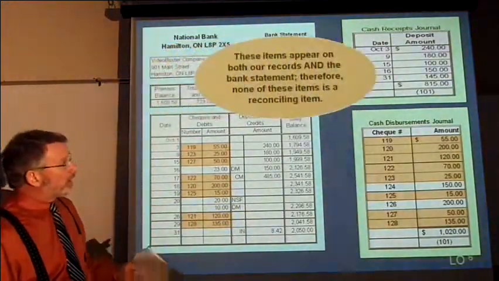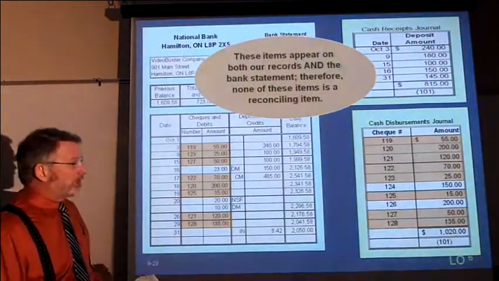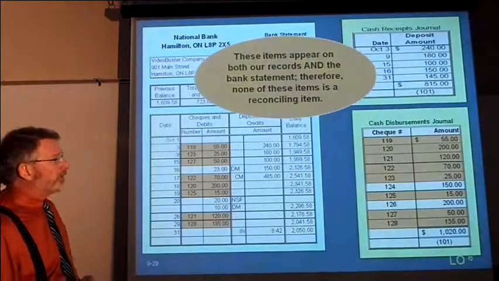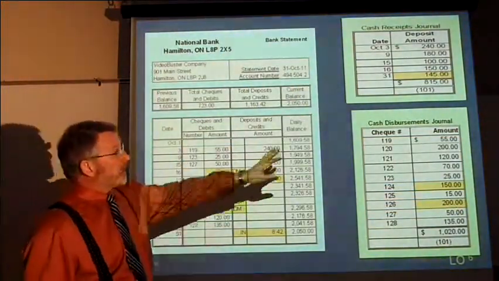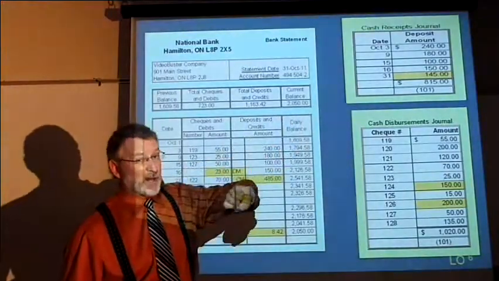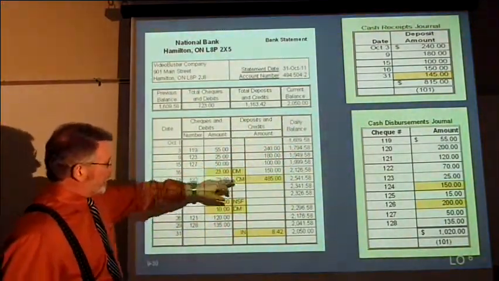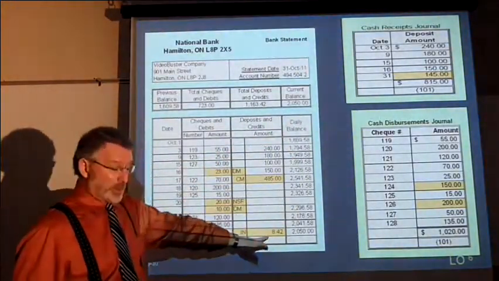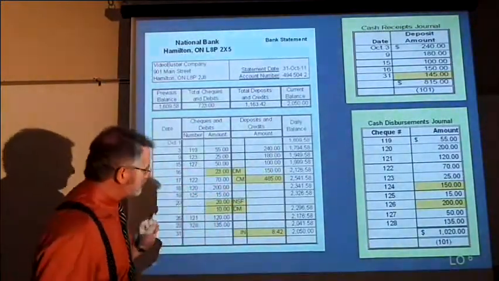The things that are highlighted, again, are in both places, so those are not reconciling items either. It's the things that aren't in both places, that are only in one place but not the other. Okay, so what we're left with then is this cash receipt of $145 that wasn't on the bank statement. We're left with this credit memo for $485 and this for $4.82 that were on the bank statement but weren't on our list of deposits.